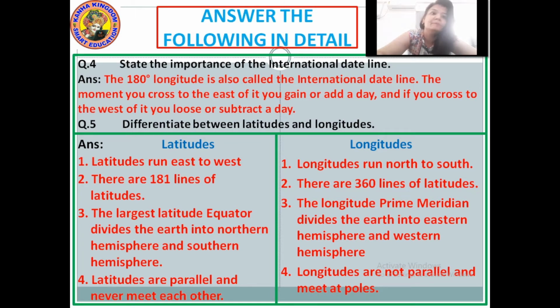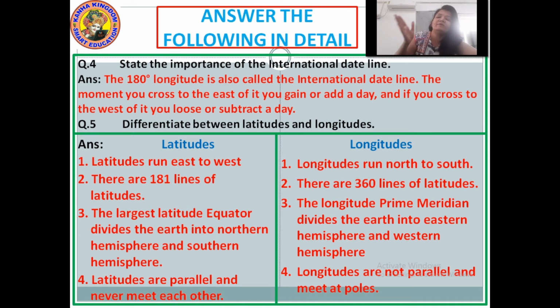The moment you cross to the east of it, you gain or add a day. Means if you cross the east of the international date line, you are one day ahead.